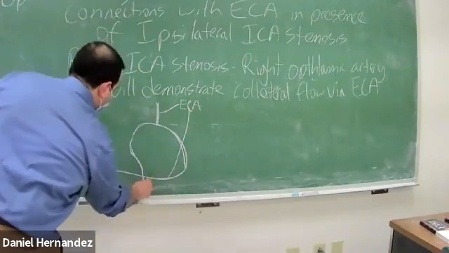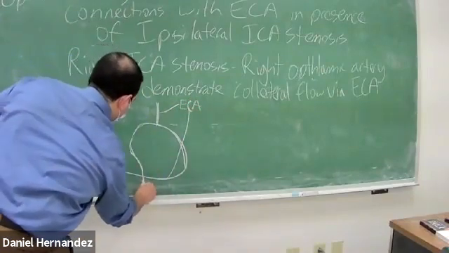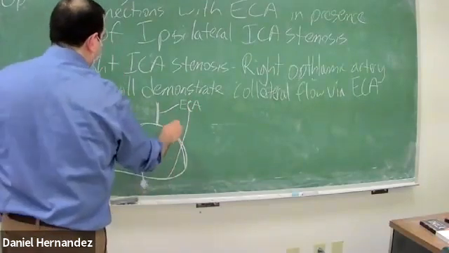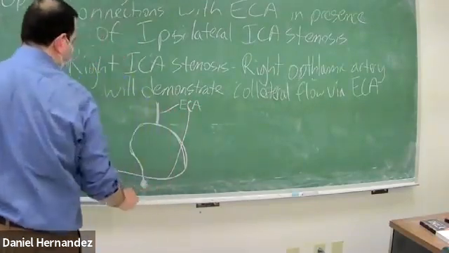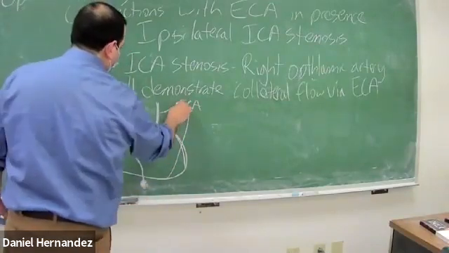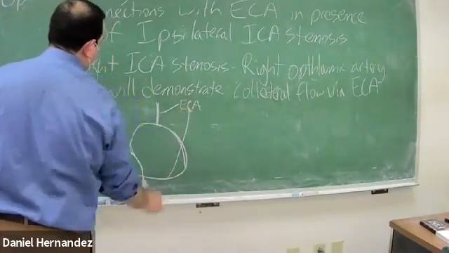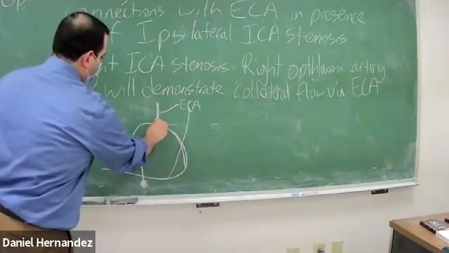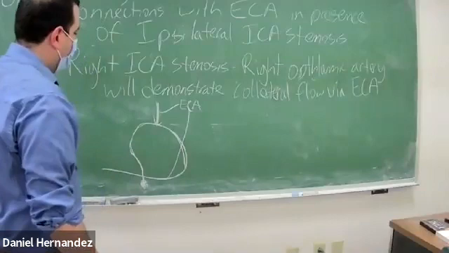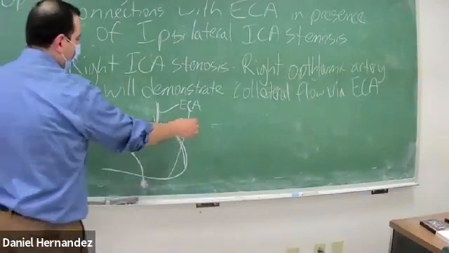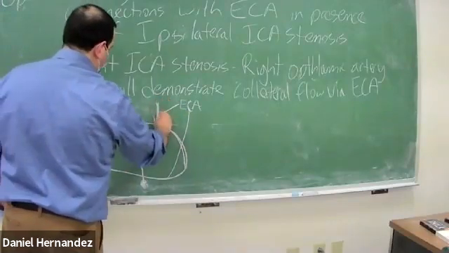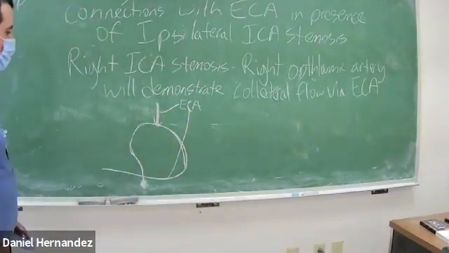So if we have an occlusion in our ICA and we're not getting blood flow up, we can provide blood flow to the brain through collateral channels from the external carotid artery through the ophthalmic artery.